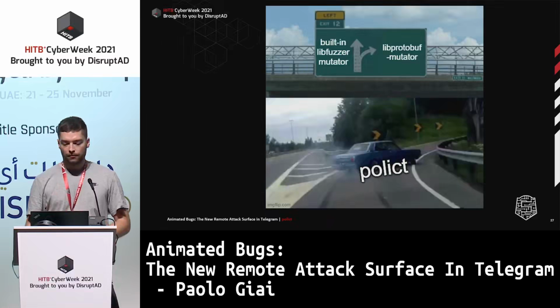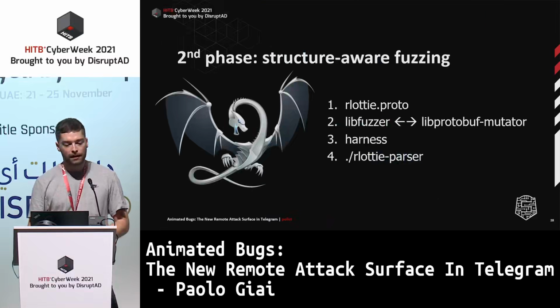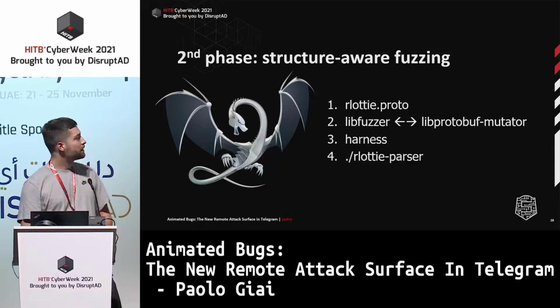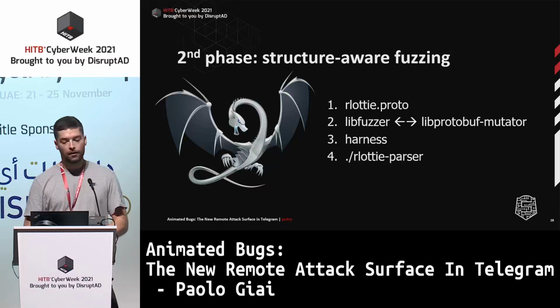So thanks to this, we move to the second phase of my fuzzing methodology, which is the structure-aware fuzzing, which is basically fuzzing with a structure-aware mutator, which allows us, as I said, to make useful mutations and potentially advance the coverage we reach. So it can be pretty much summed up in these 4 points.